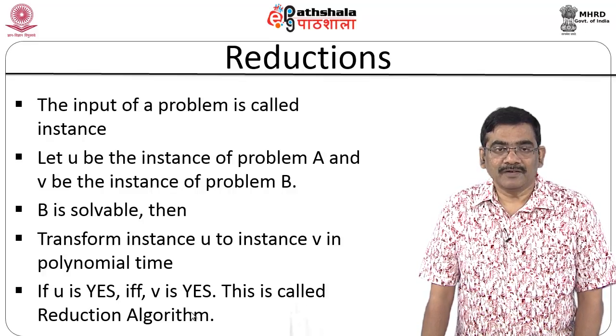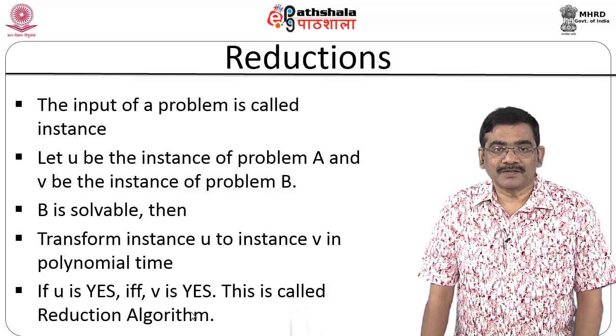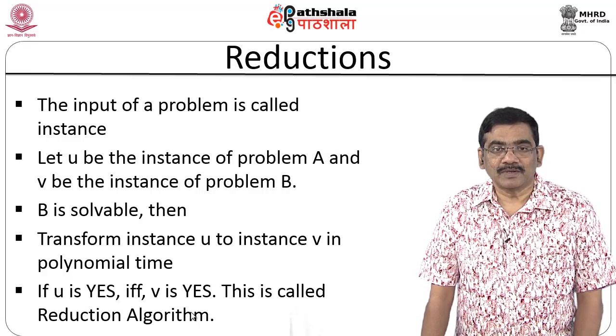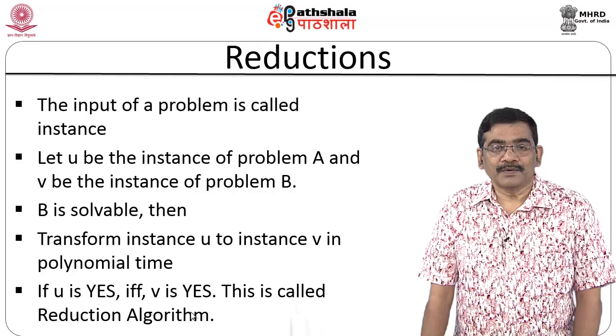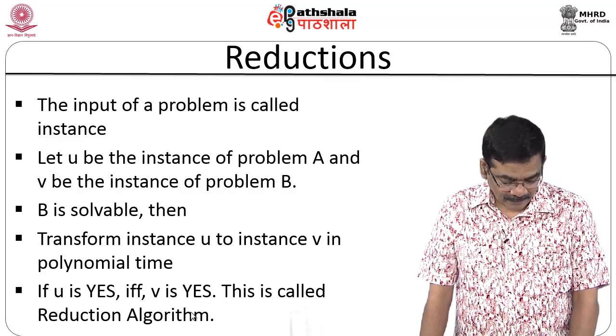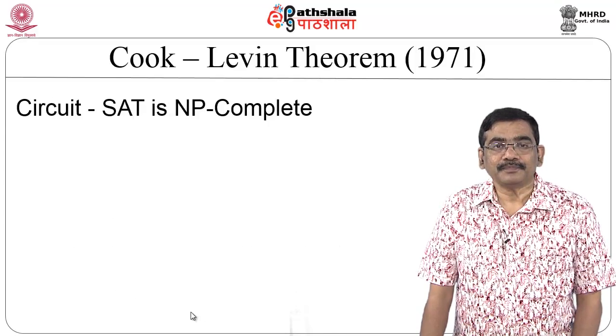On the other hand, if problem A is solvable in polynomial time, and it can be reduced to another problem B in polynomial time, then B also becomes an easy problem that can be solved in polynomial time. So, using this sort of reduction, we can give the proofs for various problems.